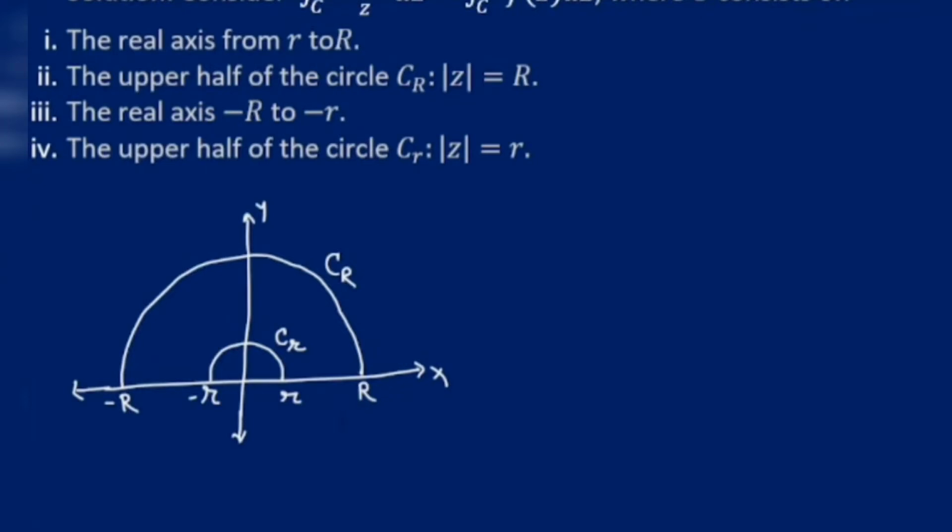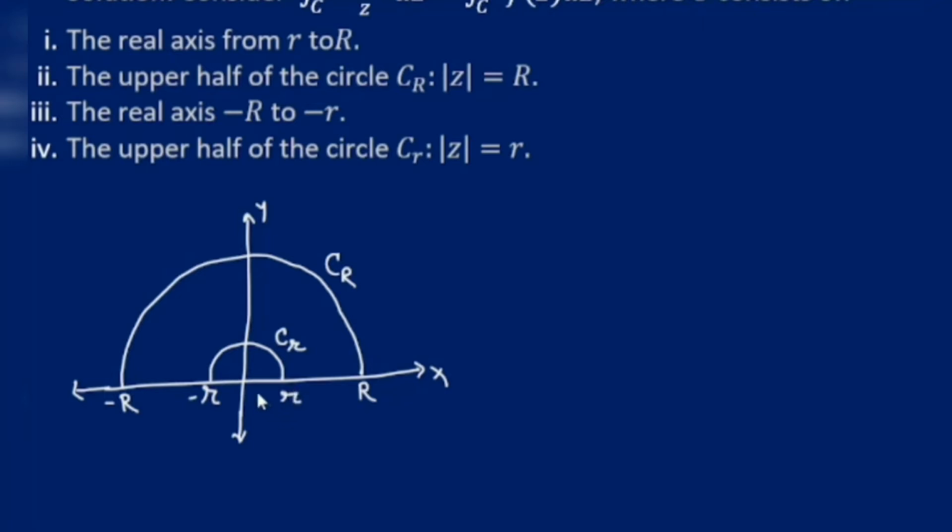Now see, the contour C is enclosed by the real axis from small r to capital R, then the upper half of the circle C_R with the radius capital R, then again the part of the real axis from minus capital R to minus small r, and then the upper half of the circle C_r, that means this semicircle with the radius small r.